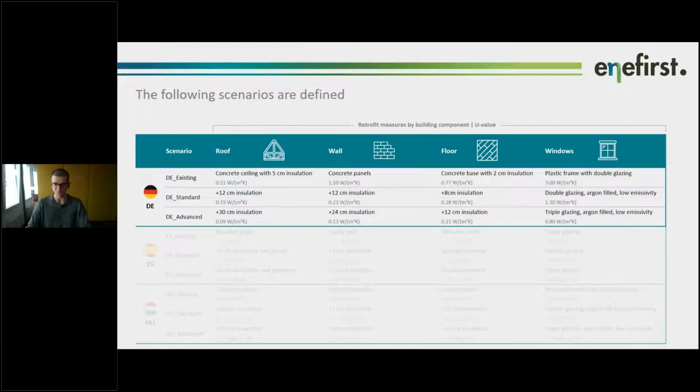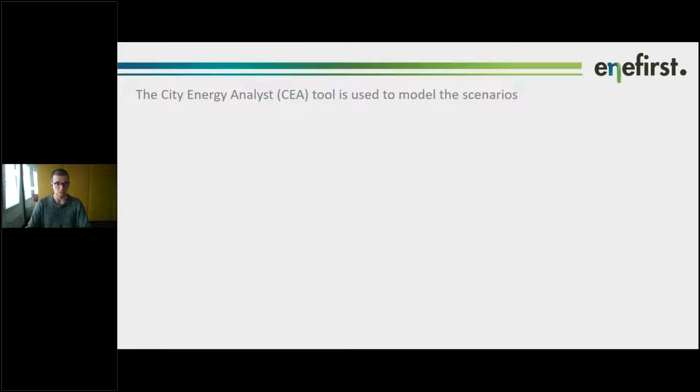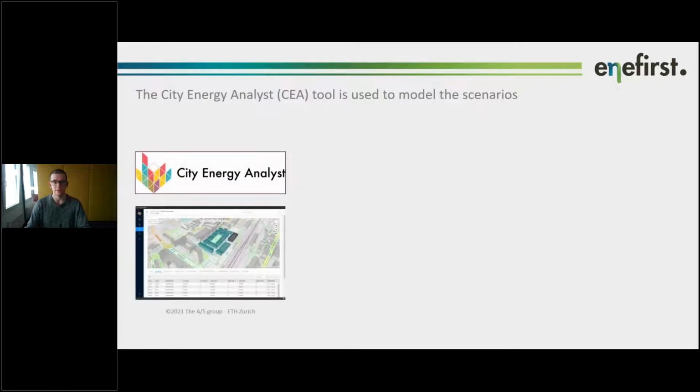But to continue, what we use in terms of energy modeling software is the so-called City Energy Analyst. The CEA was developed by the ETH, the Swiss Federal Institute of Technology, and it's a Python-based open source energy simulation model, which includes functionality to simulate building energy demand, solar radiation, energy potential assessment, and much more.